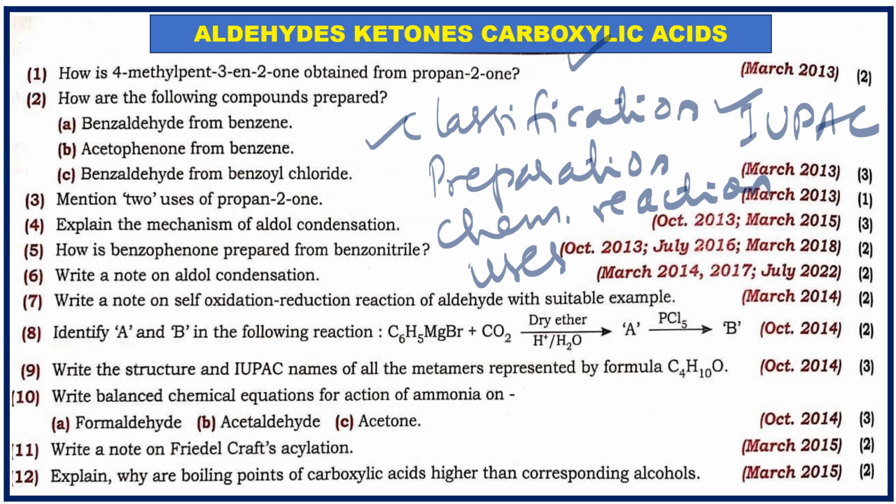And one can prepare aldehydes using many more methods which are there in the syllabus. Apart from that, acids can be prepared using Grignard reagent. Then aromatic acids can be prepared starting from aromatic compounds. So likewise different preparation methods are there. You should go through all those things.